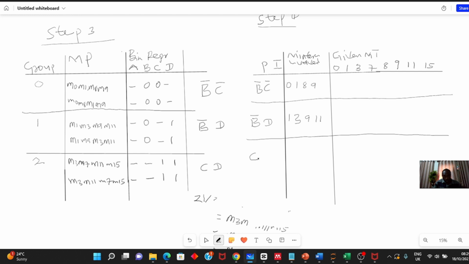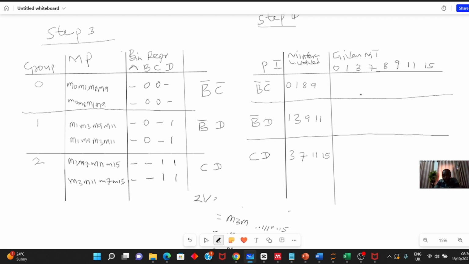The last one is C and D. The main terms involved are 3, 7, 11, 15.